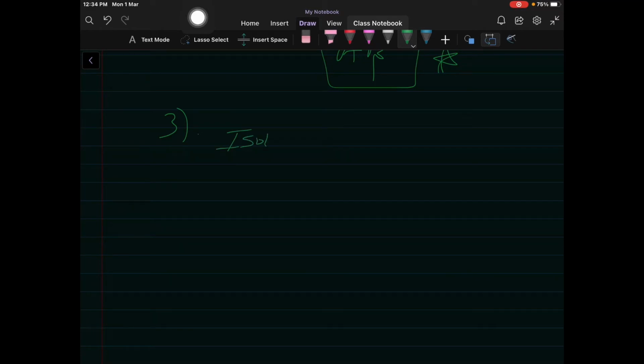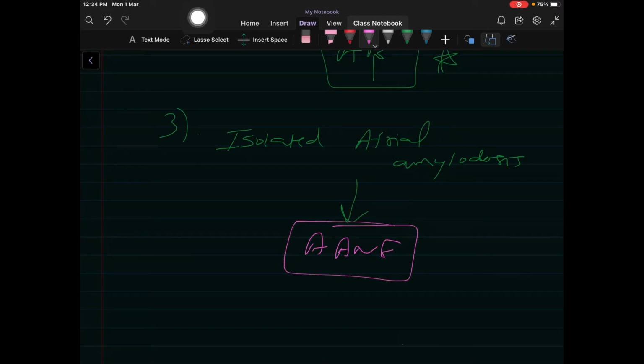Now the third part is isolated atrial amyloidosis. And the major fibril protein will be ANF. Here the ANF is the atrial natriuretic factor.